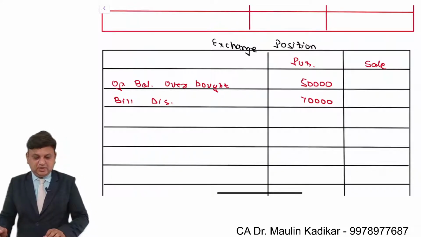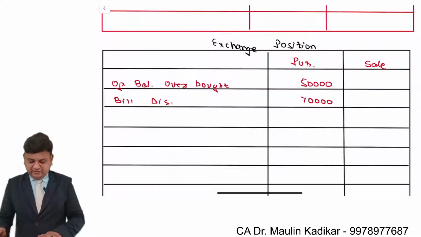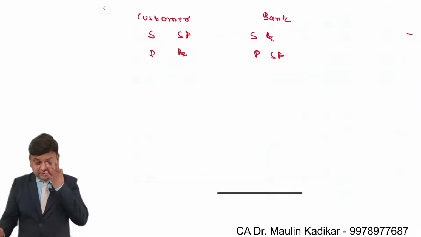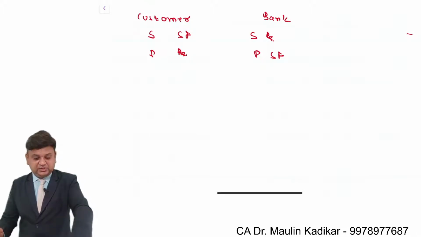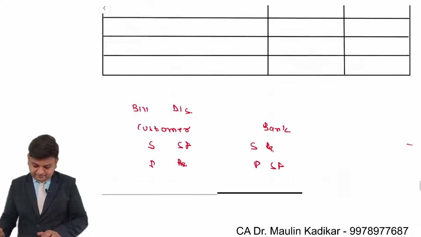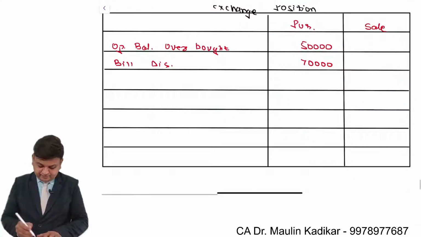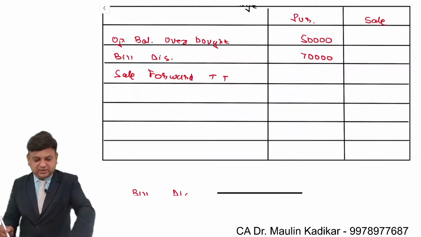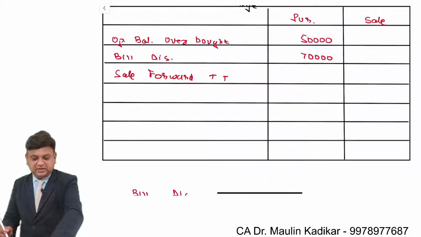Next, sold forward telegraphic transfer. So we understand that directly the transaction is provided to us, the sale forward TT, sale forward telegraphic transfer, an amount of 49,000.